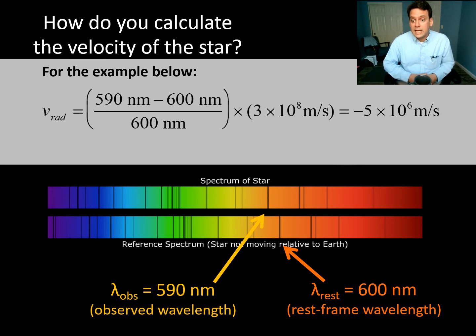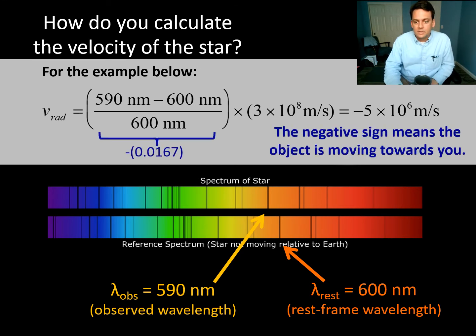So this is -5 million meters per second, which sounds pretty fast, but it turns out that can happen in the universe. And the negative sign here means that the object is moving towards you, or in other words, the spectrum has been blue shifted to higher energies than it would have been in the emitting star's rest frame.